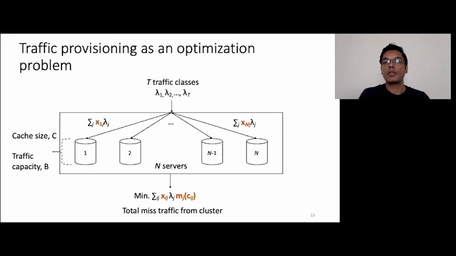Now, in the objective function, x_ij is a fractional value, and n_j of c_ij is the miss rate curve of traffic class j. And so that function is really computing the miss rate of traffic class j when it occupies cache space c_ij in server i. We assume that this curve is convex. The midgress in each server can then be computed using the footprint descriptor calculus that we just discussed. And so the total midgress of all of these servers then adds up to that objective.